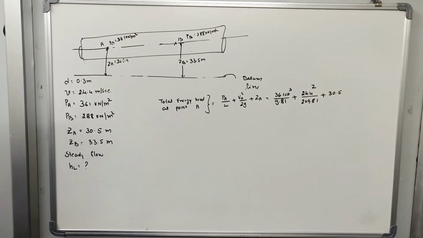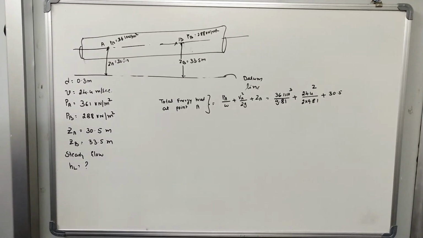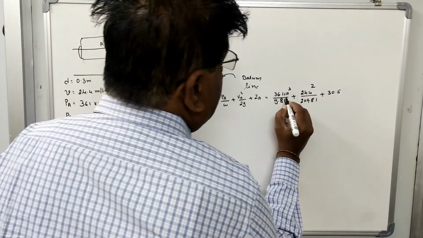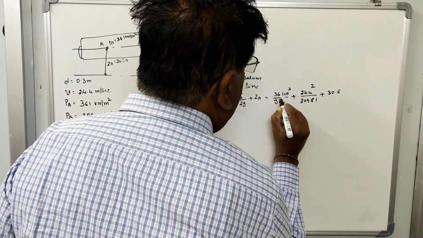Then divide by the unit weight of water, 9.81 kilonewton per meter cube, or 9810.